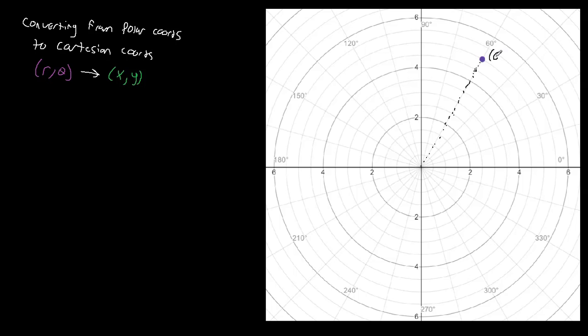And so this is going to be 60 degrees for theta. And then the distance, right? So this solid line right here, this is 4. We're up 1. It's going to be a distance of 5. So our polar coordinates are 5, 60 degrees. Okay?